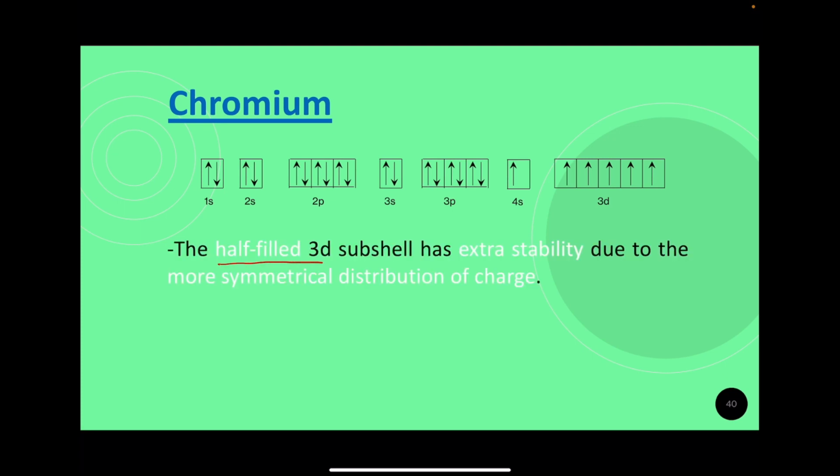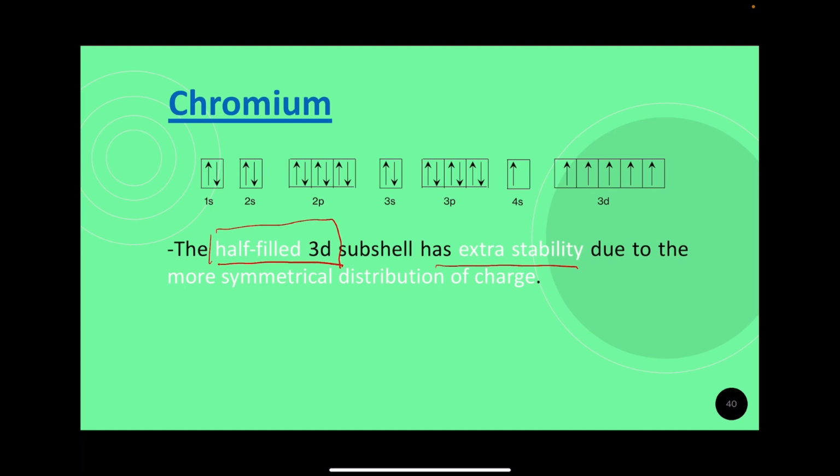Okay, the half-filled 3d orbital, because the half-filled 3d orbital will give extra stability to the electron arrangement of chromium. That's why one electron from 4s will go to the 3d orbital to give the half-filled 3d orbital.